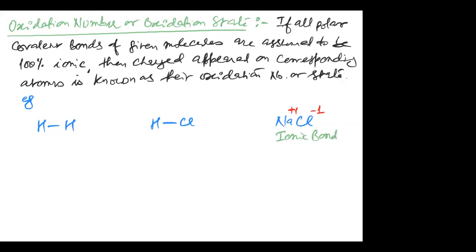In the case of H2, the bonded pair of electrons will be exactly in the middle, as both hydrogens have equal electronegativity, they are identical atoms. So no charge will appear on both hydrogen atoms, and thus it is the example of a non-polar covalent bond. No pole is acquired here.